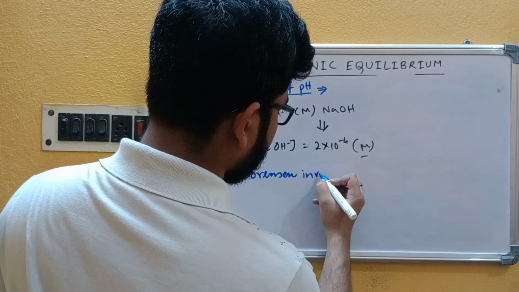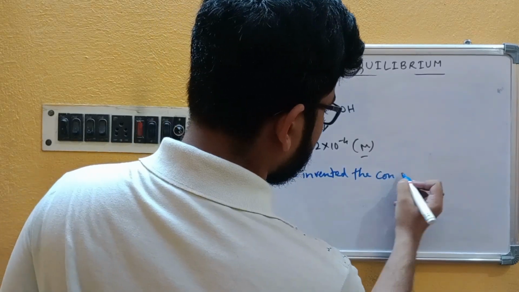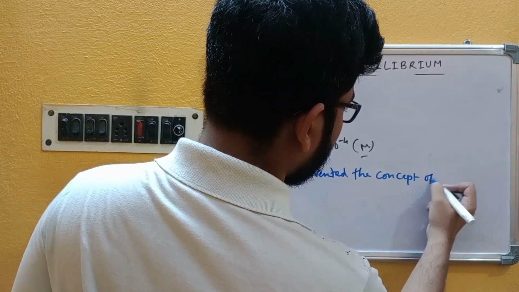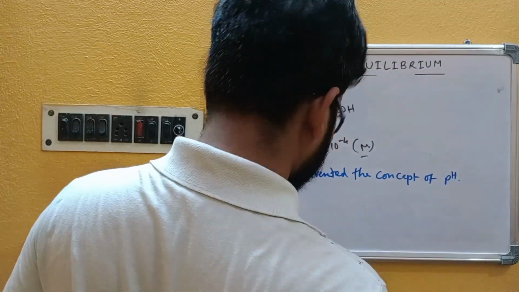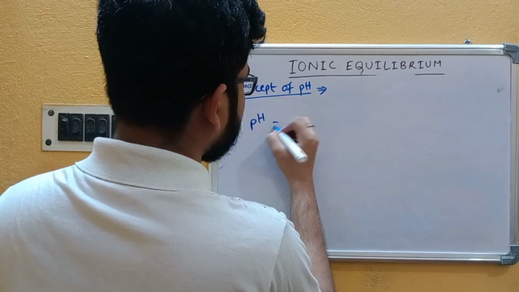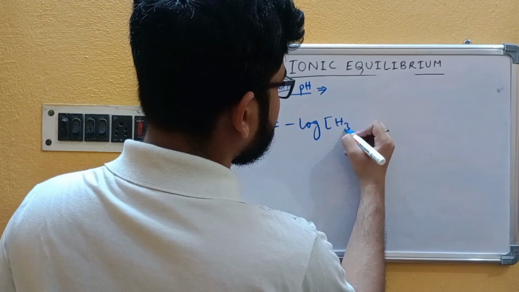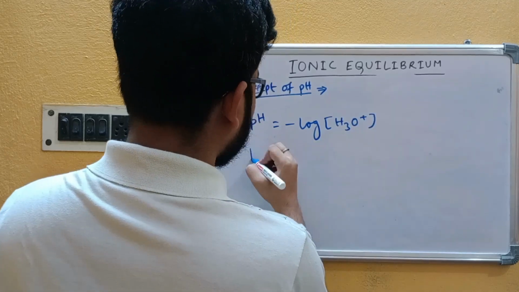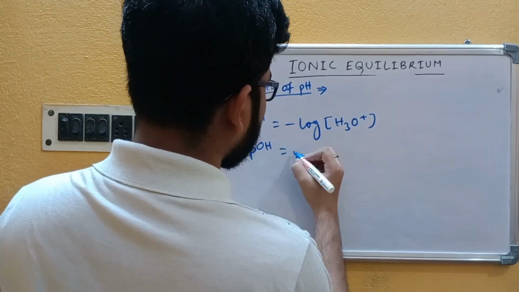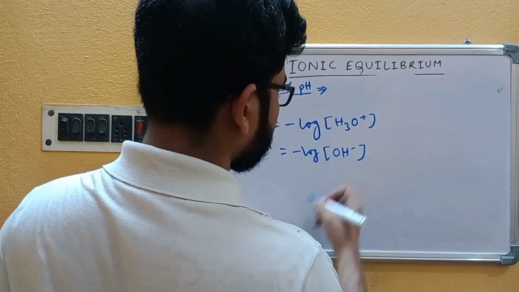expressed the concept of pH. He said that pH is nothing but minus log concentration of H3O plus and pOH is minus log concentration of OH minus.